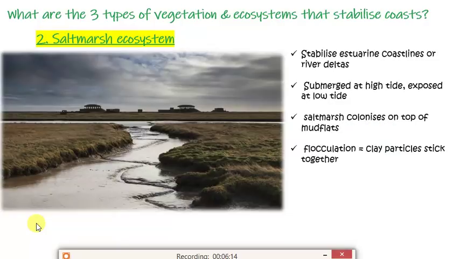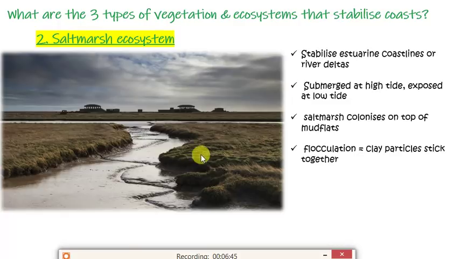Right then, the next type of vegetation, which again stabilises coastal plains or elements of coastal plains, is saltmarsh. And saltmarsh we tend to find on the sides of estuaries, all right? And the reason for that is it's really good at living in an environment where it's getting covered by tide twice a day.